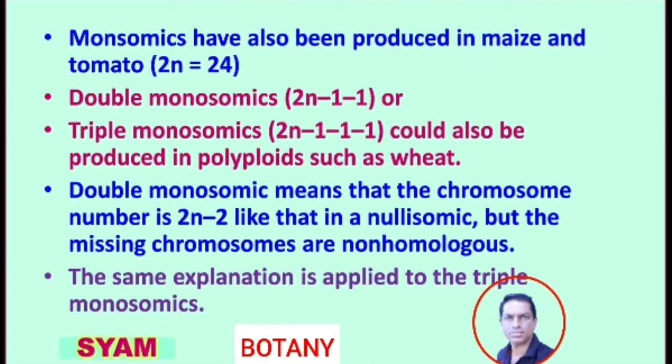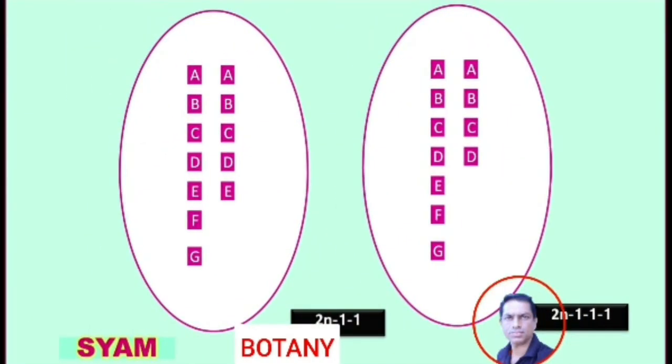The double monosomic means a loss of individual chromosomes at two places in the entire number of chromosomes in that cell. The double monosomic formula is 2n minus 1 minus 1.